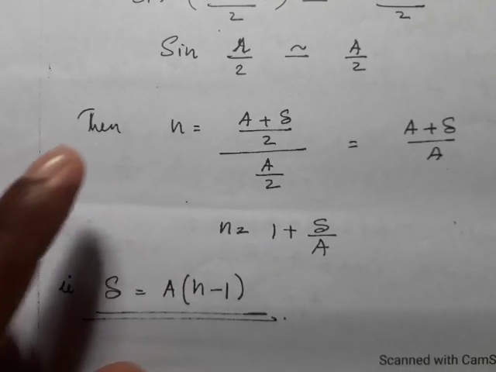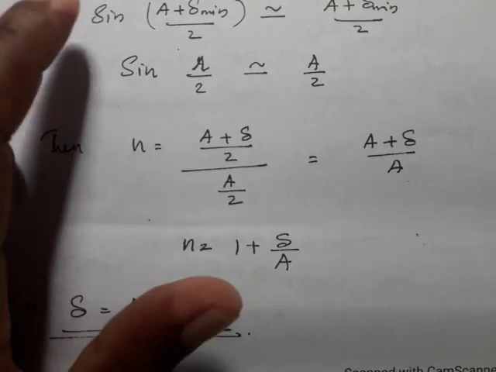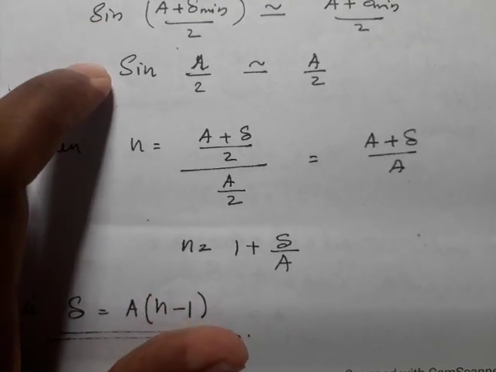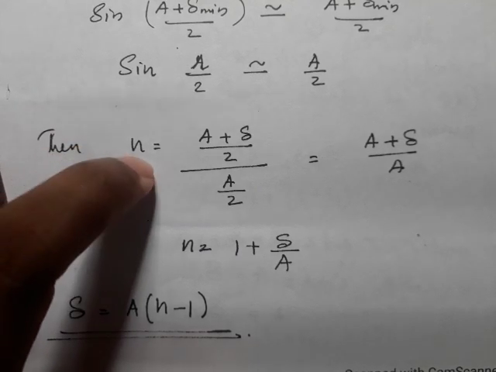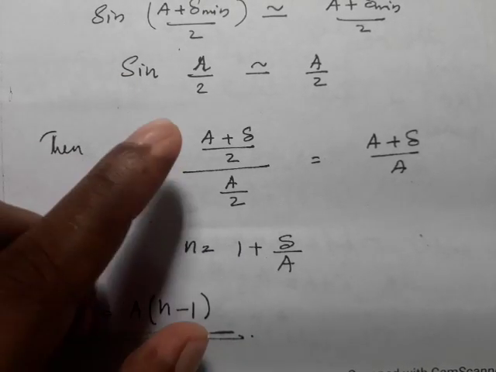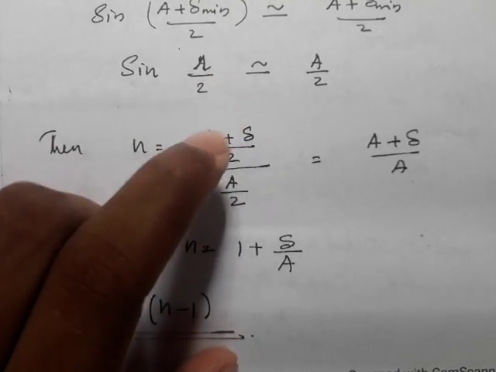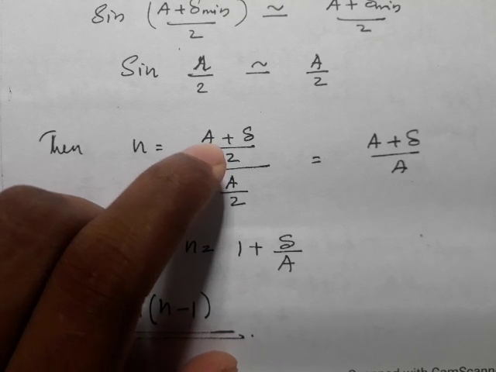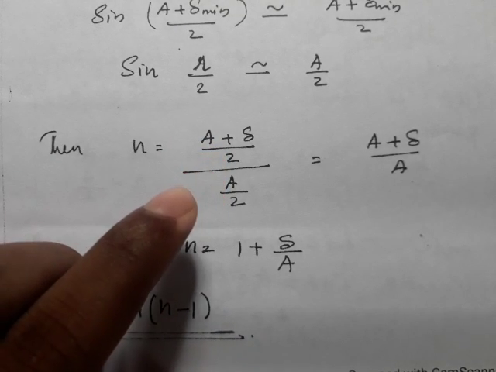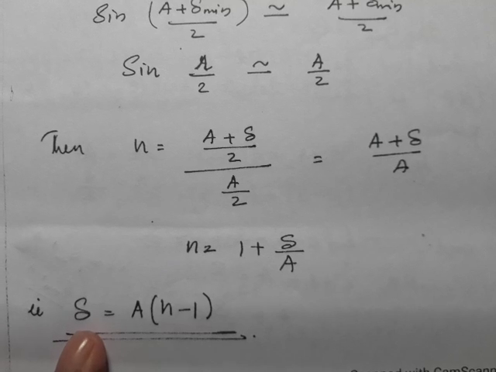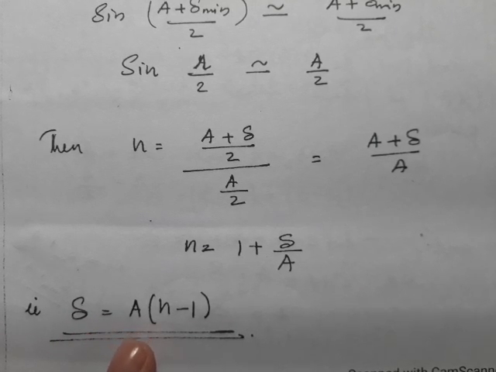So the refractive index n, which was sine of A plus delta minimum by 2 by sine A by 2, we can write with the angles themselves, A plus delta minimum by 2 by A by 2. If you do that, we get another equation, that is delta is A into n minus 1.